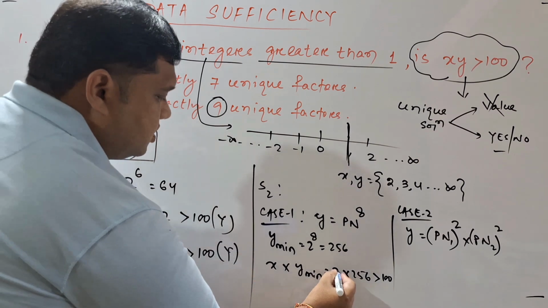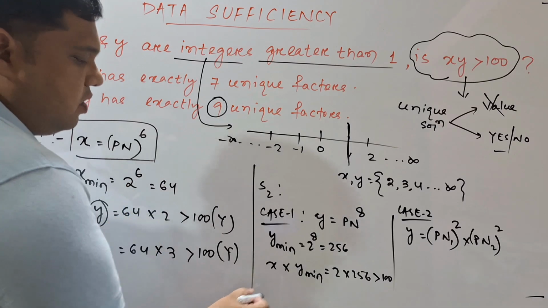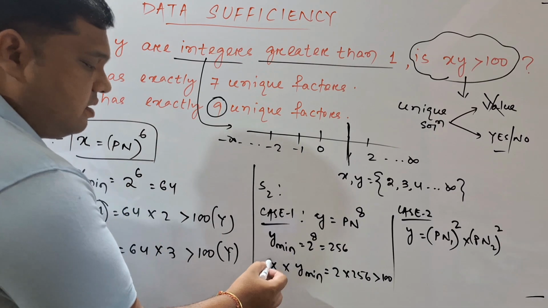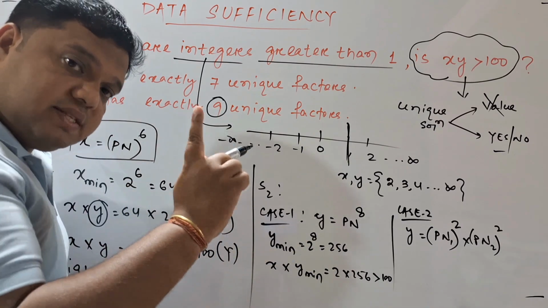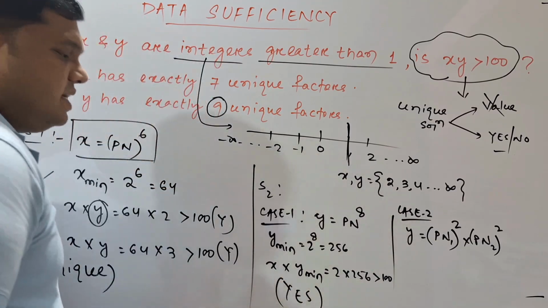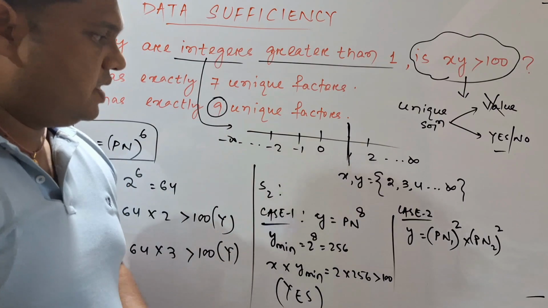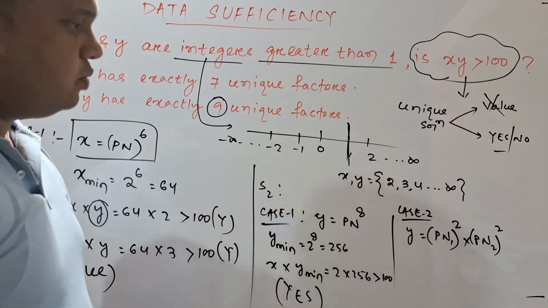Similarly, if I put 3 into 256, that is also greater than 100. So for all values of x it is satisfied. You said only a single answer. So the answer is yes. Is xy greater than 100? For case 1, you said yes. Straightforward answer.